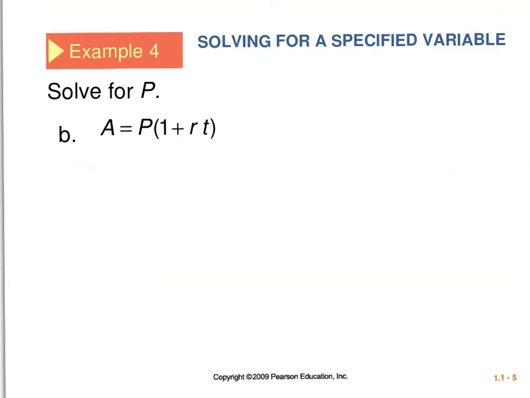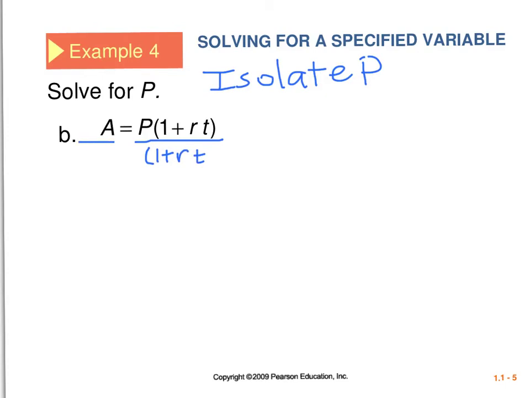Looking at this equation, I want to solve it for P, which is my principal, or the amount that I start with. Right now, I've got P times the quantity 1 plus RT. Since I was asked to solve for P, my goal is to isolate P. So all I need to do is divide both sides by 1 plus RT, because division is the inverse operation of multiplication.